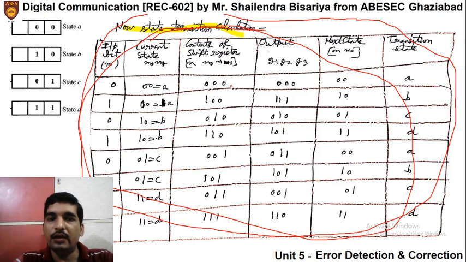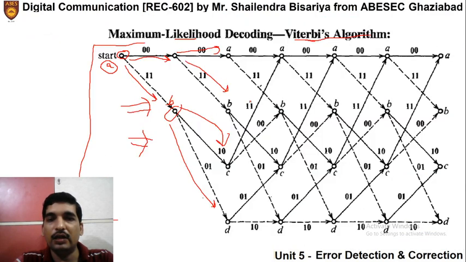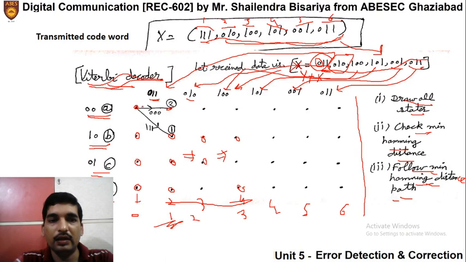Okay, and let us start in initial state A. It will move to state B if the input is 1, and it will remain in the same state if the input is 0. Outputs are 000 or 111. That is what we are doing here in the Viterbi: initially in state A it will remain in state A if the input is 0, and the corresponding output we write here with an arrow is 000.